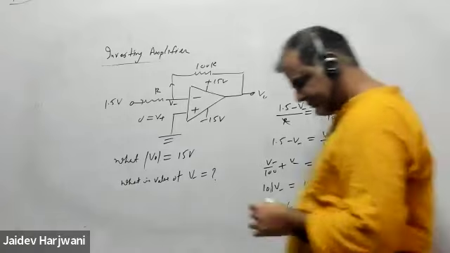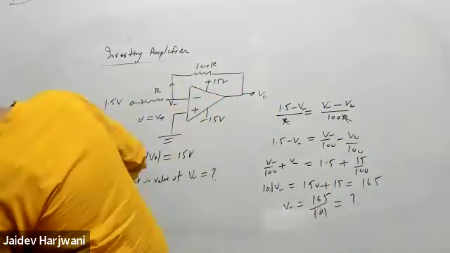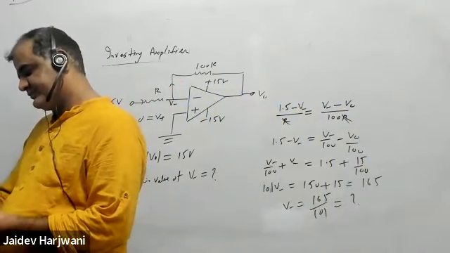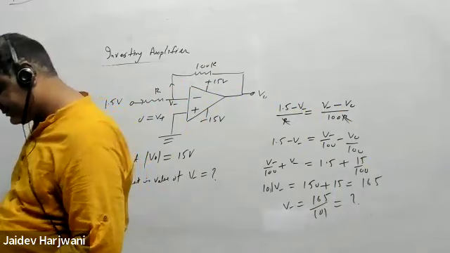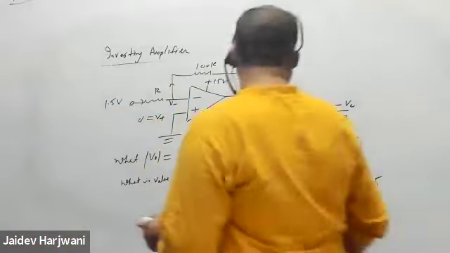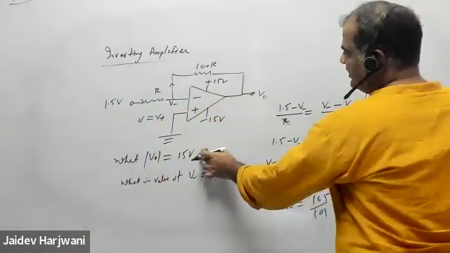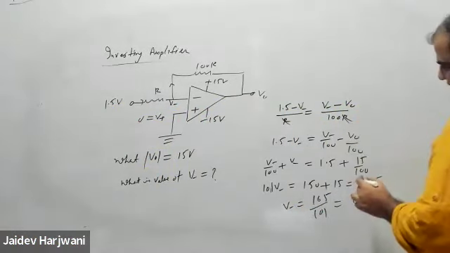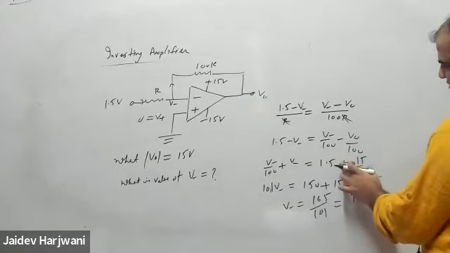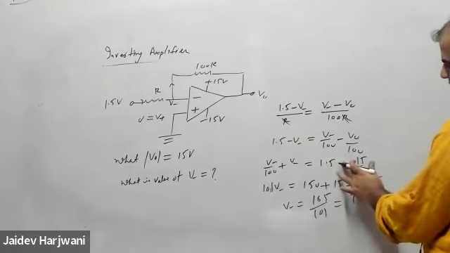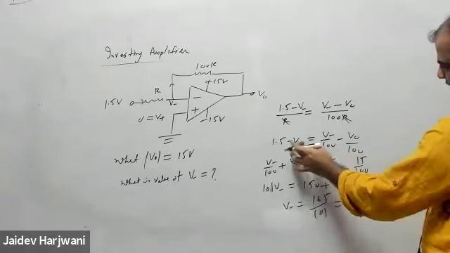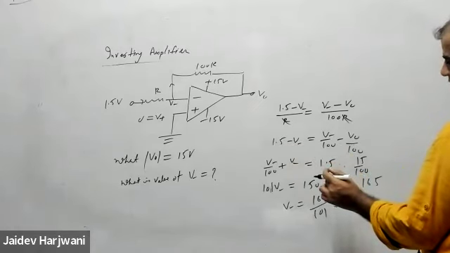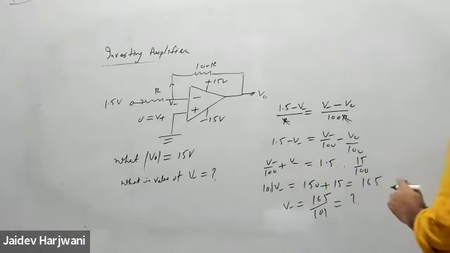Tell me what is the value? 165 or 135? V naught value is 15 or minus 15? Magnitude is 15, but this is actually minus 15. So when I put the value of V naught as minus 15, what is the value?